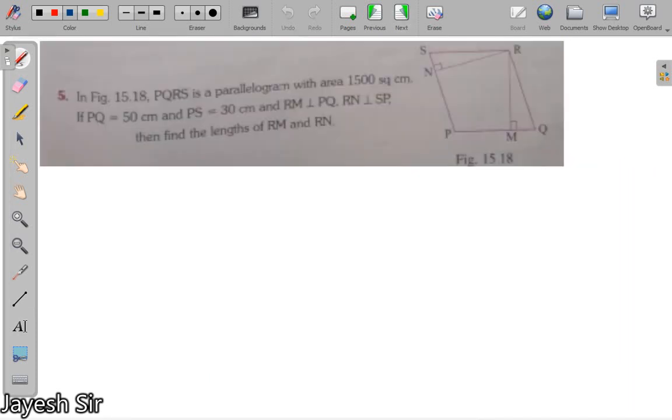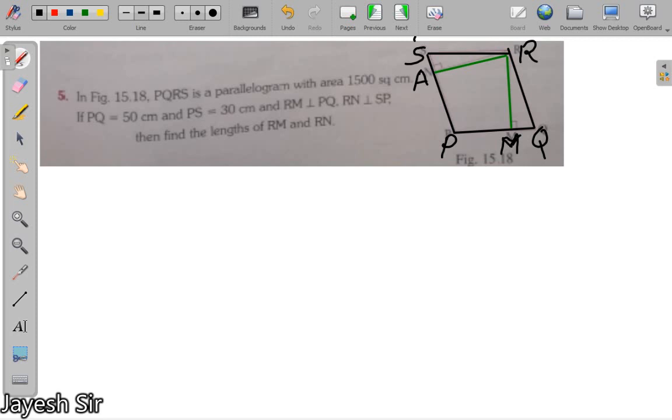Next is question number 5. Question number 5 is, let me darken the diagram for you. In question number 5, from point R, there are two perpendiculars, RA and RM, on sides PQ and QS.